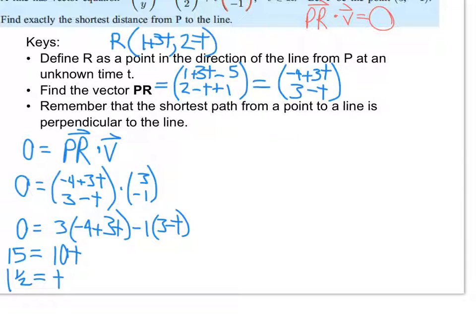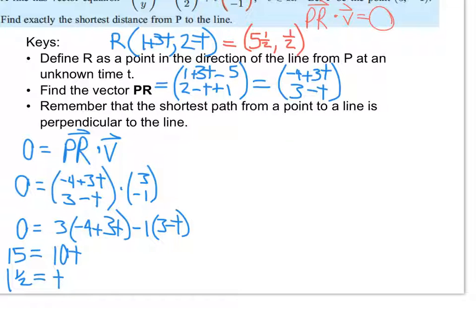Well, if t is 1.5, 1.5 times 3 is 4.5, plus 1 is 5.5. And 2 minus 1.5 is 1/2. So point R is (5.5, 1/2).